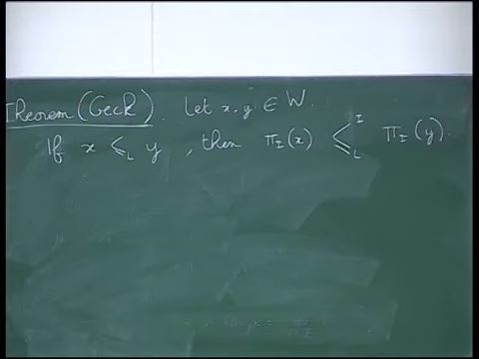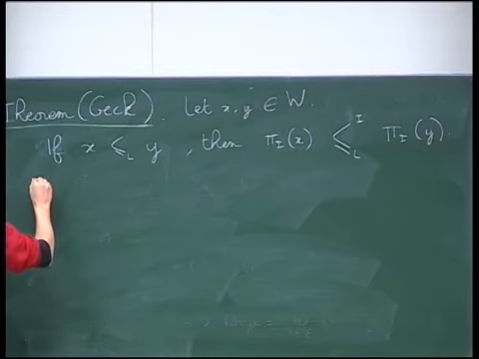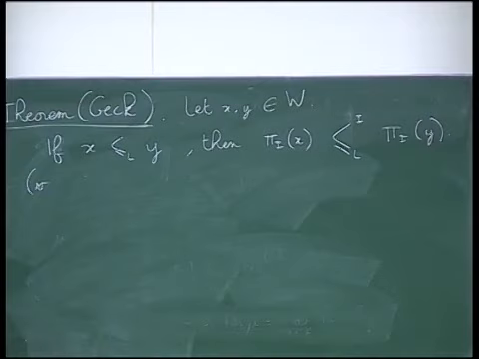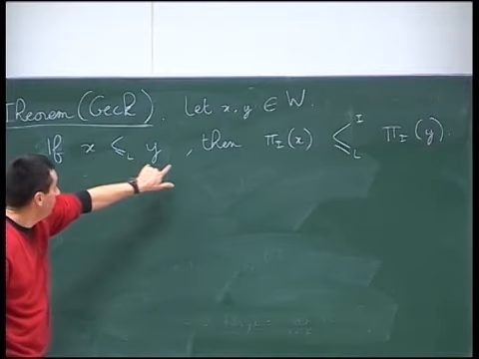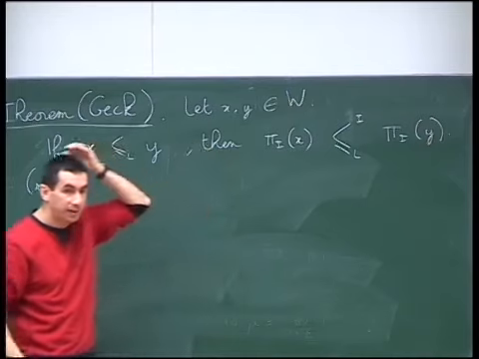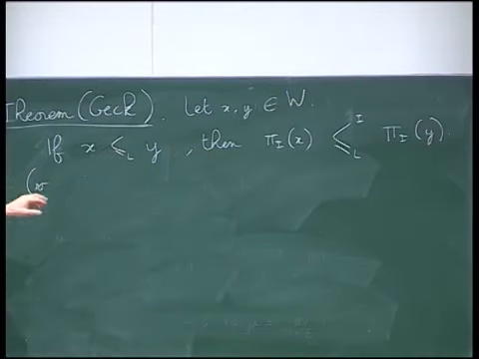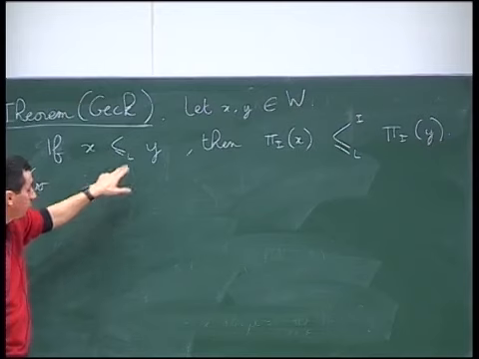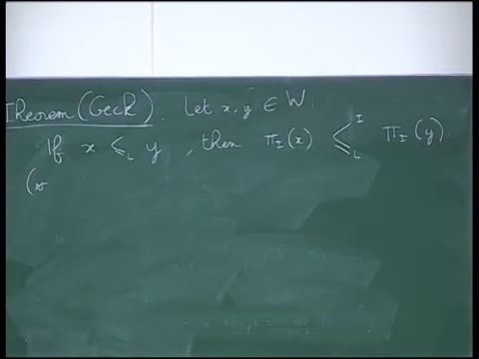But immediately you see from this result that in particular if x and y are already in W_I, then they are related by the left preorder in W if and only if they are related by the left preorder in W_I.